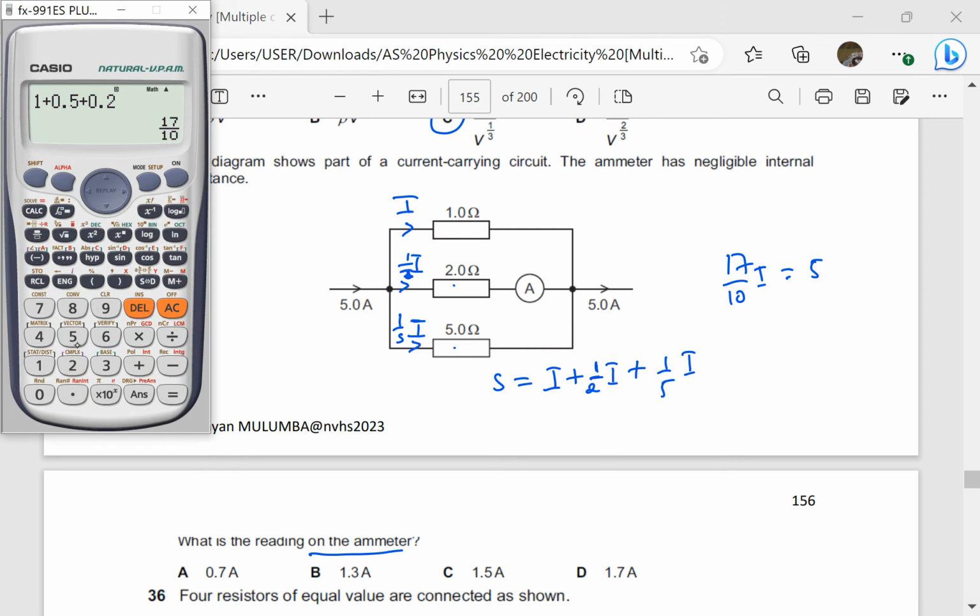So I is going to be 5 times 10 divided by 17, which is 2.9? Let me check it again.